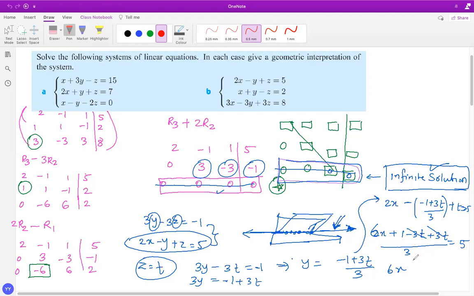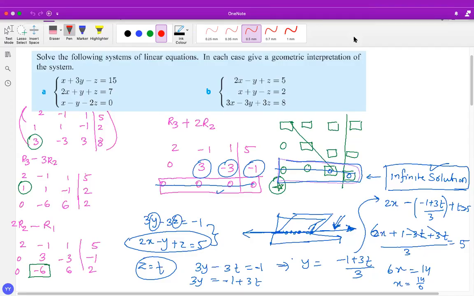So you get 6x equals 15 minus 1, which is 14. So I get x is 14 over 6. So these are the general answers for x, y, and z.